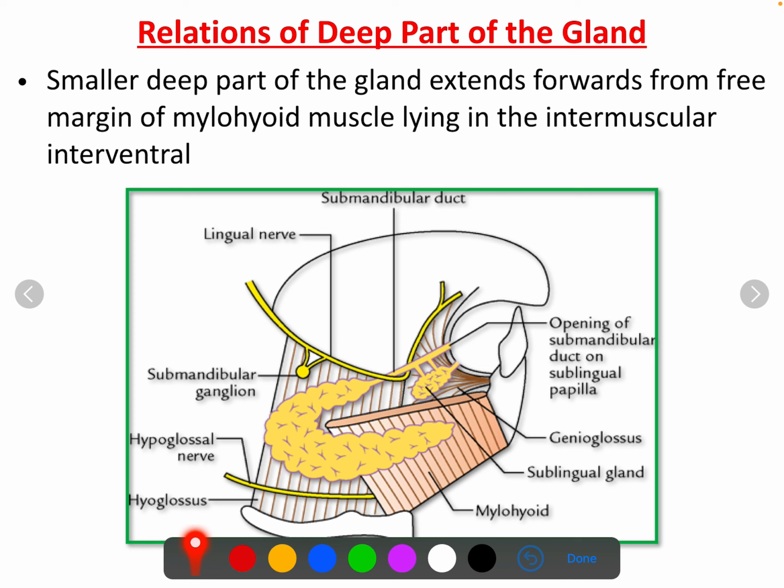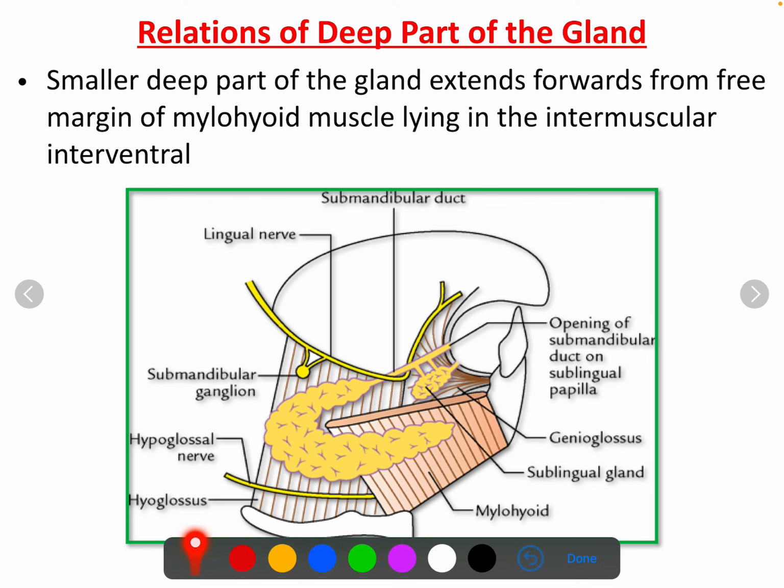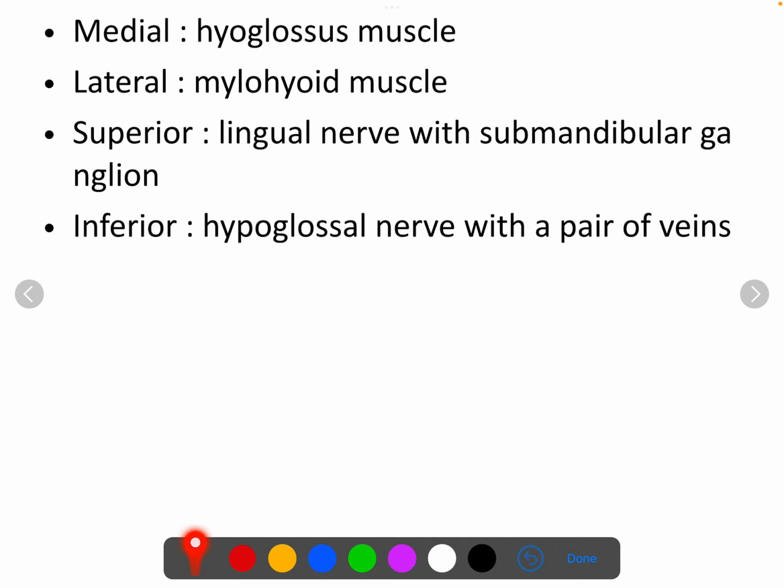So it is related laterally to the mylohyoid muscle, medially to the hyoglossus muscle, above to the lingual nerve with the submandibular ganglion, and inferiorly to the hypoglossal nerve with the accompanying veins. This is all about the relations of the deep part.